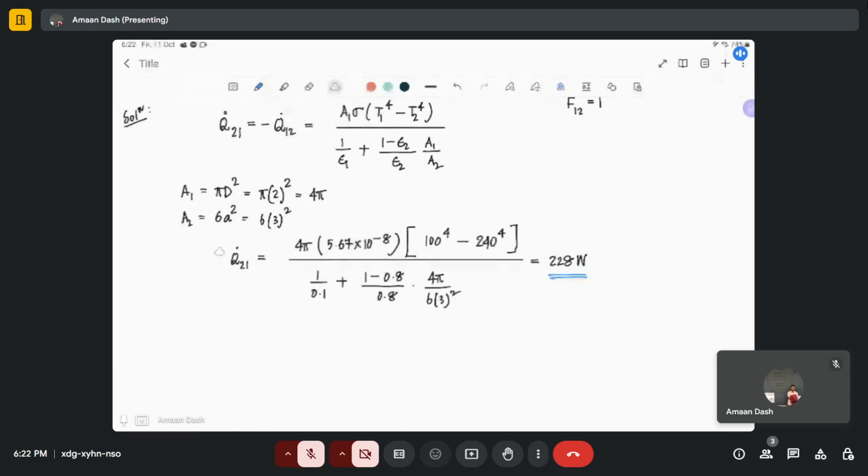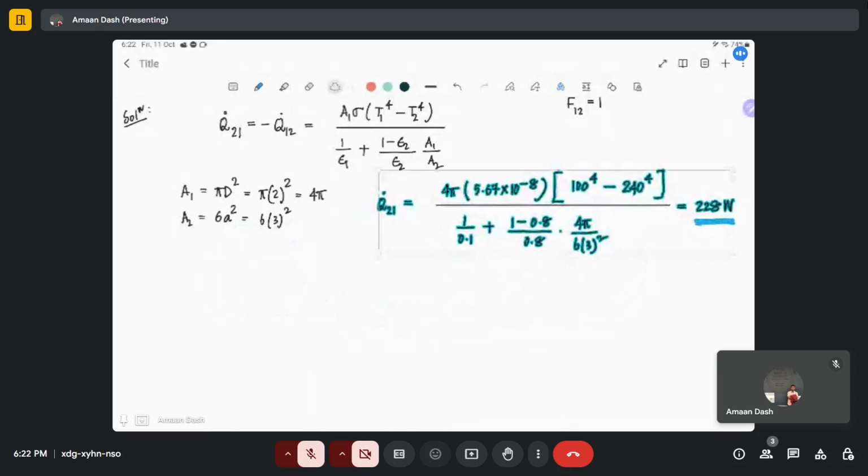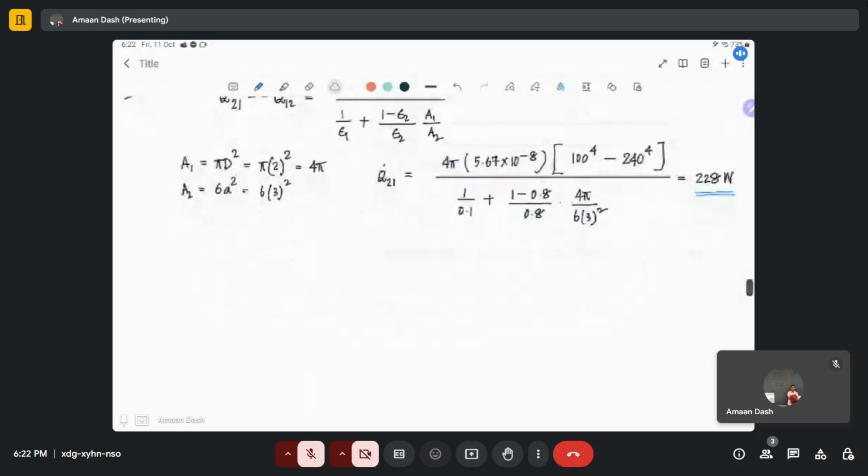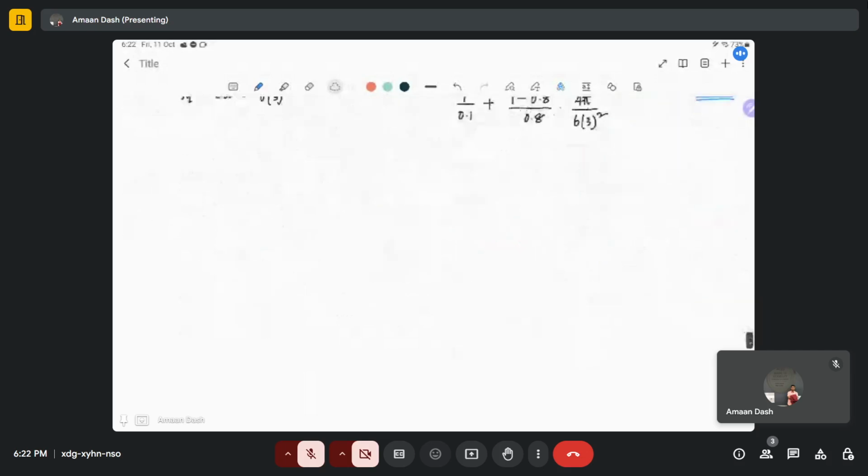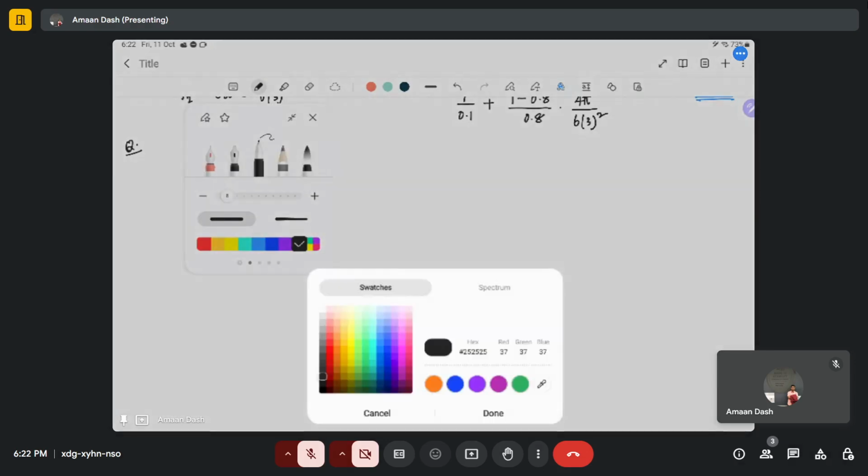So let me write. So we have Q dot 21 is equal to, we have A1, that is 4 pi. Then we have sigma, that is 5.67 times 10 to the power of minus 8. Then we have T1 to the power 4. T1 is maintained at 100 Kelvin. So we have 100 to the power of 4 minus 240 to the power of 4.